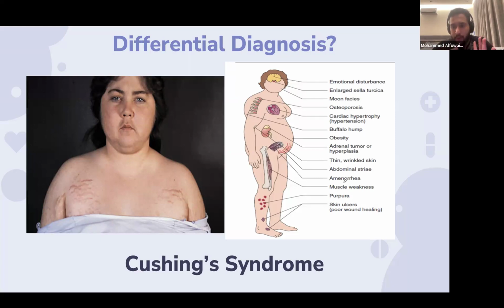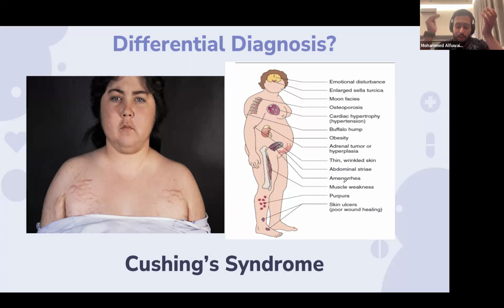Let's review them quickly. The first screening methods are low dose dexamethasone, second 24-hour urinary cortisol, and last midnight salivary cortisol. If these lab values are elevated, and low dose dexamethasone fails to suppress cortisol, then you have a diagnosis of Cushing syndrome.